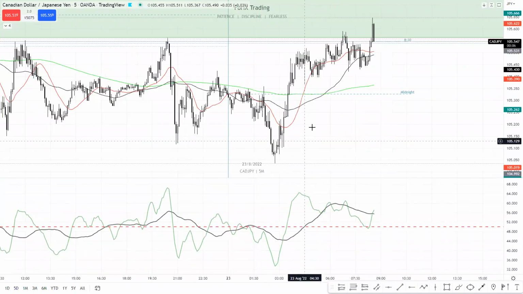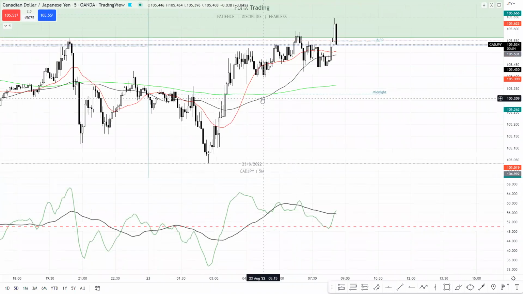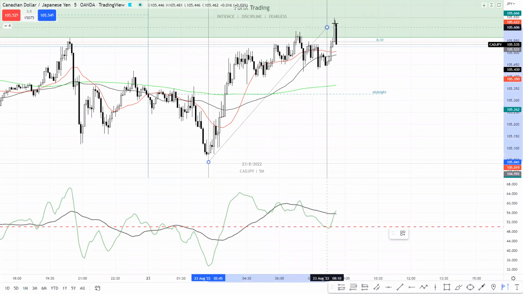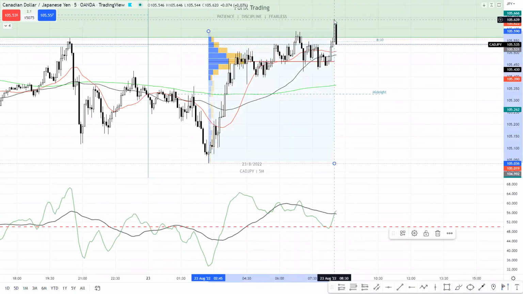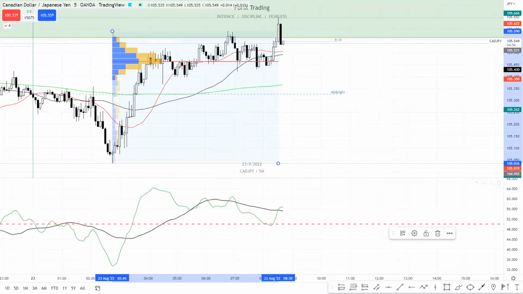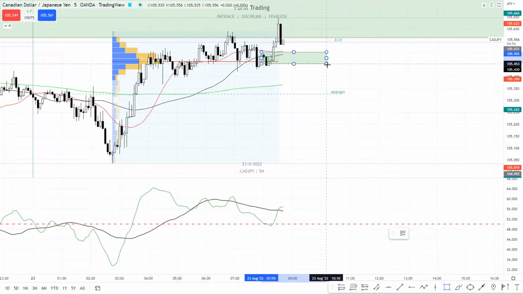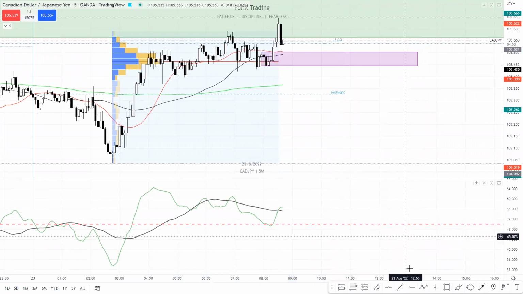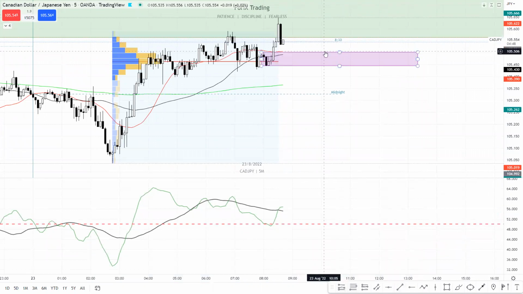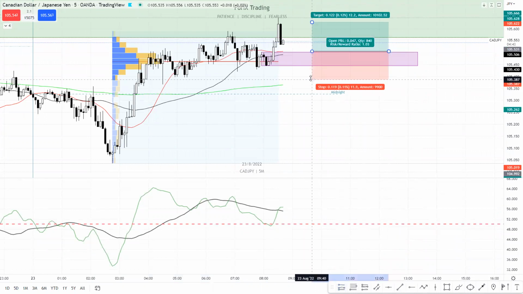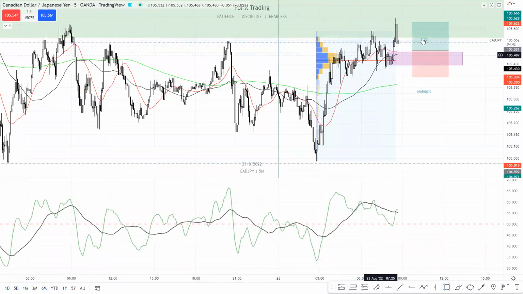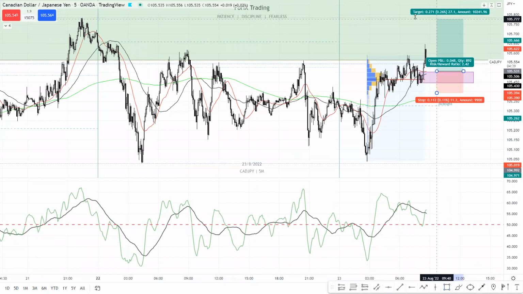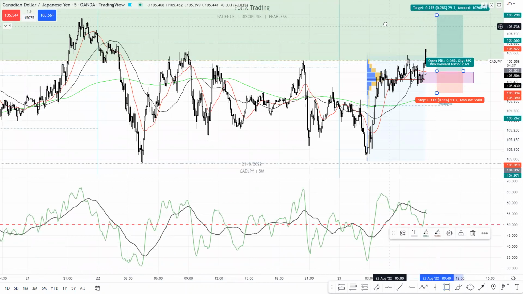Look for any sort of entry. Let's take liquidity out at this point.